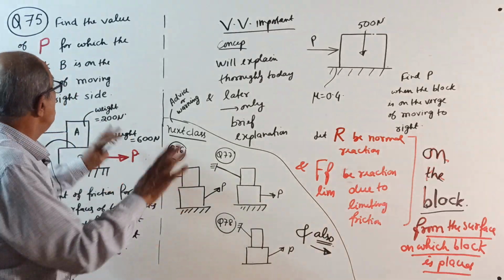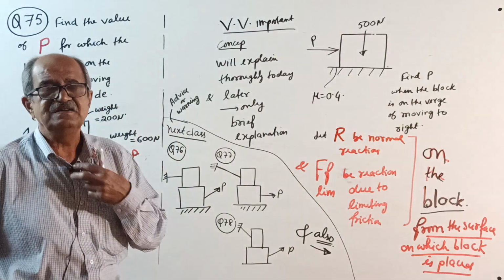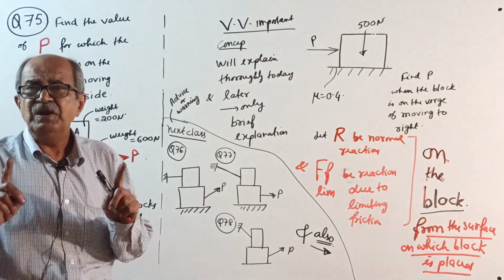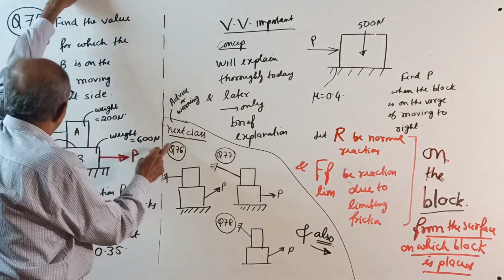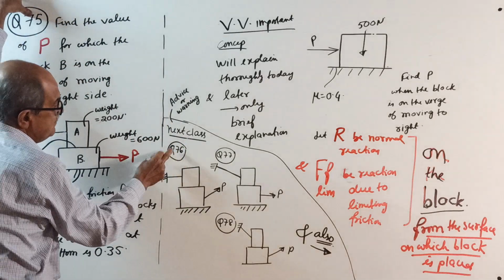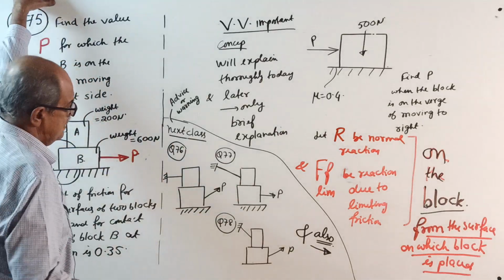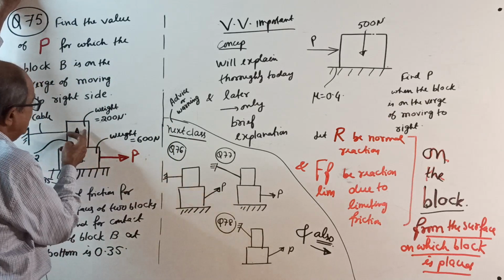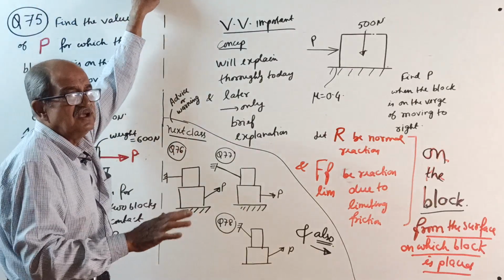Today I will complete this question. A lot of concepts are there to understand. Today's class is almost entirely concept based, very important concepts. In the next class, I will solve 76, 77, 78. In 76, I may not change the weight; I may put the same 200 and not change any other values.